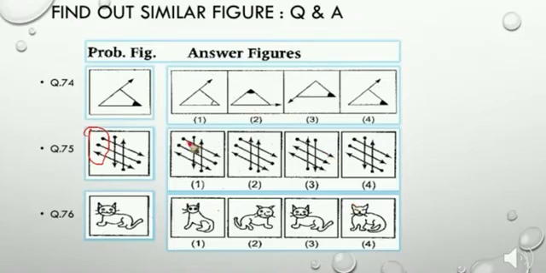Let's check in option 1. This arrow is matching, this dot is matching, this dot and this dot are matching. So we take it. In the next option, let's check: the arrow is there and matching, dot and dot matching, this also matching. In option 3, let's check.